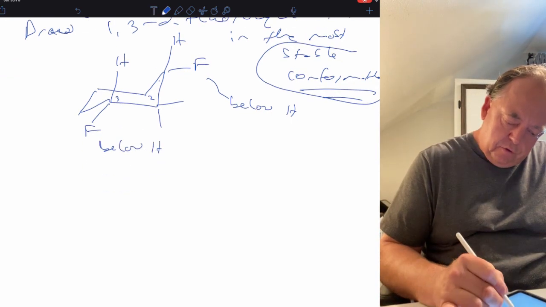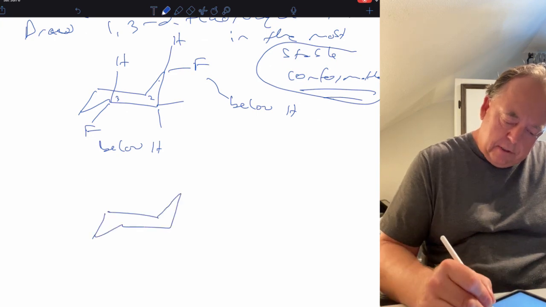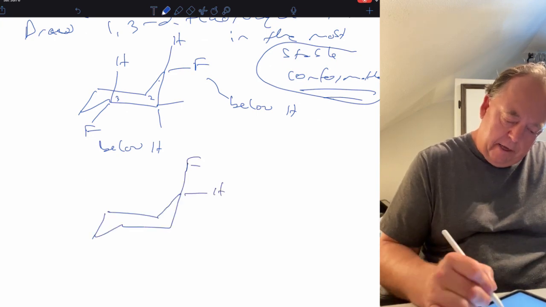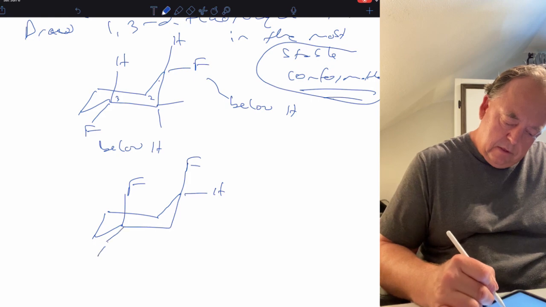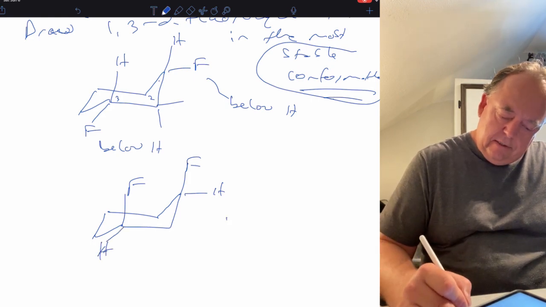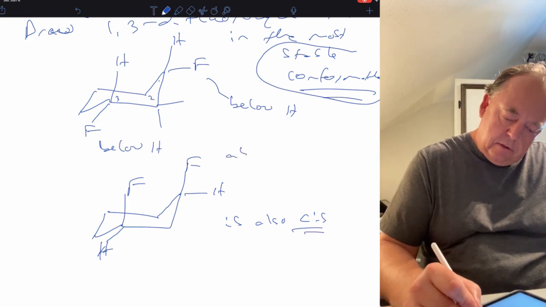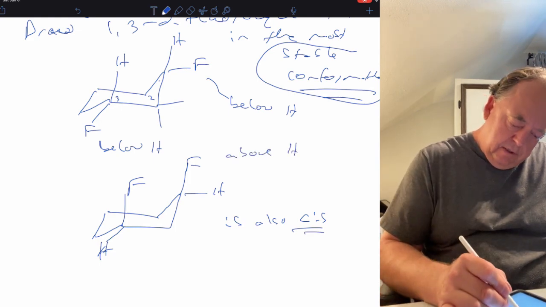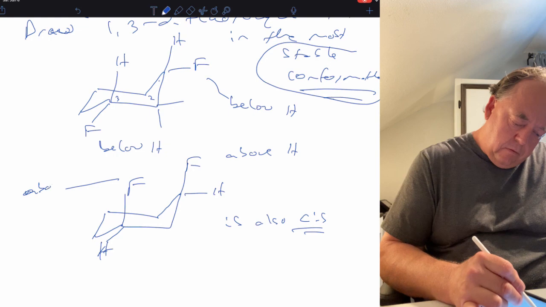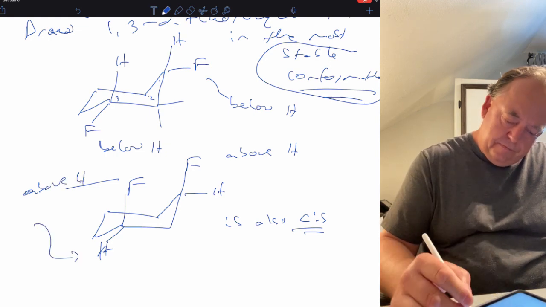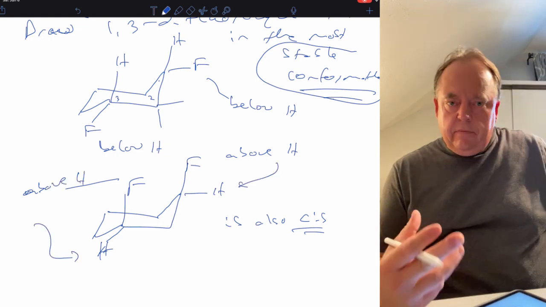Of course, you could have drawn the opposite. You could have put them both above H, and that would be cis, right? So this is above H, and this is above H. So they're same, that means they're cis.